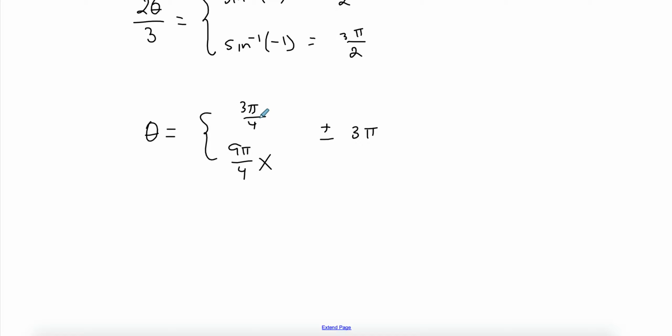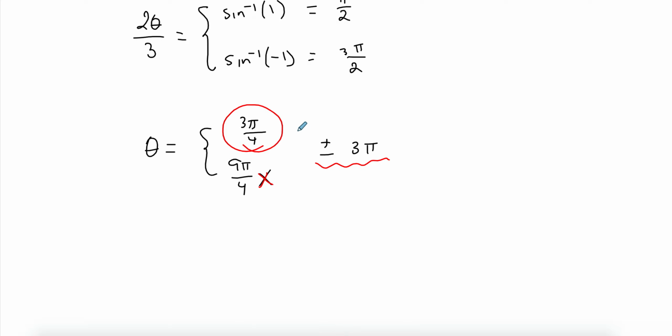And 3 pi over 4 as well: if I add anything or subtract anything, it's going to be out of my domain. So we're just going to take this as our solution. You can check with a calculator, adding the period and noticing that it just won't fit. So 3 pi over 4 is the only solution.